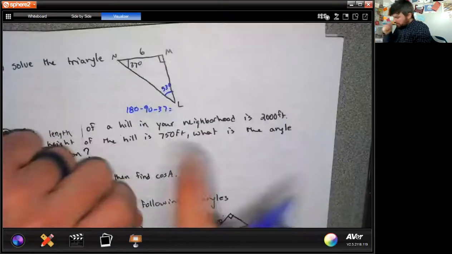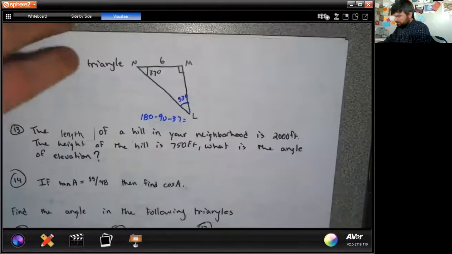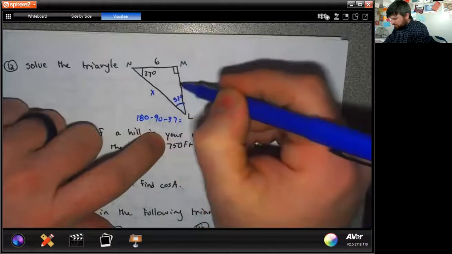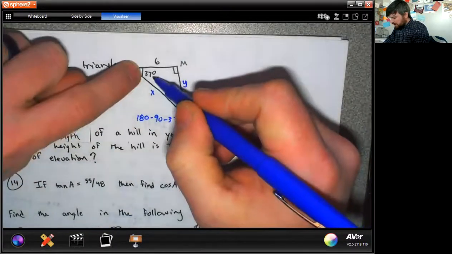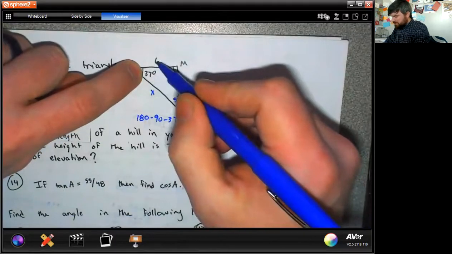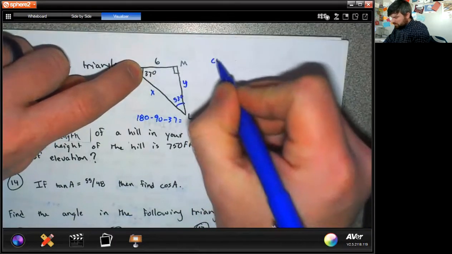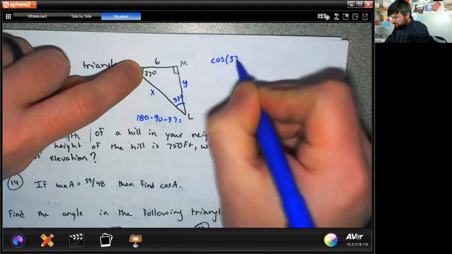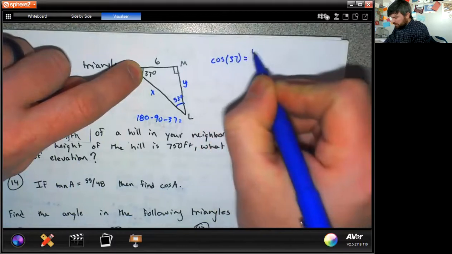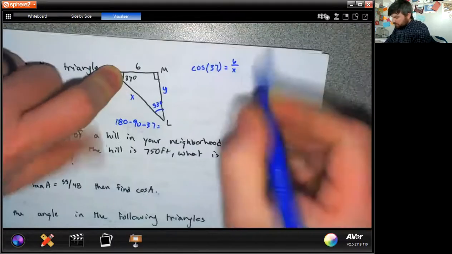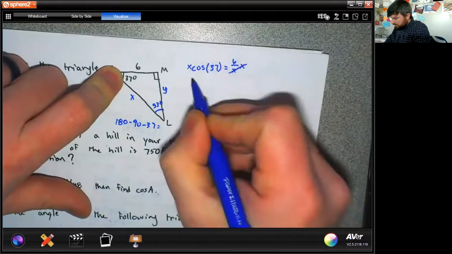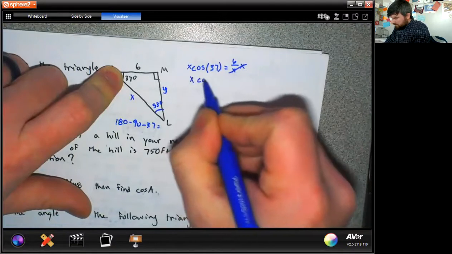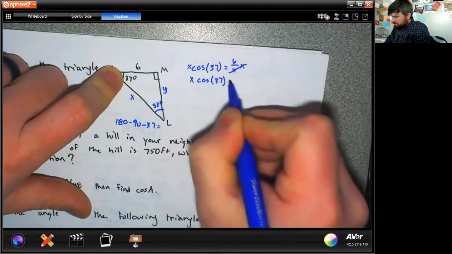Now I don't want to use that to find the sides. Okay, we're going to label this X and Y. So if I want to find X first, that's the hypotenuse, 6 is the adjacent. So that would mean I use cosine of 37 degrees equals adjacent over hypotenuse. So we'll multiply by X. And then X cosine of 37 equals 6.